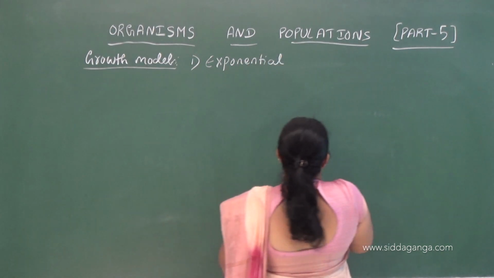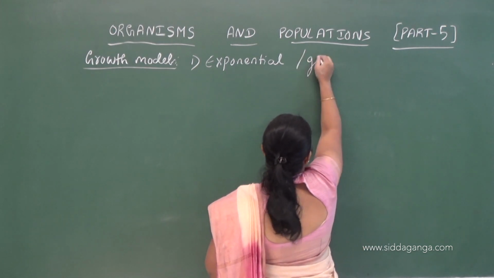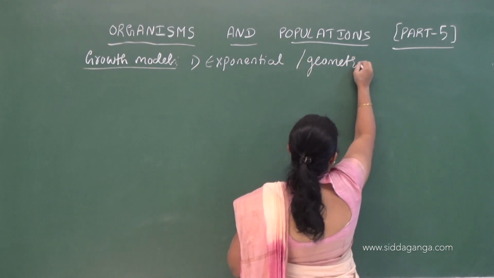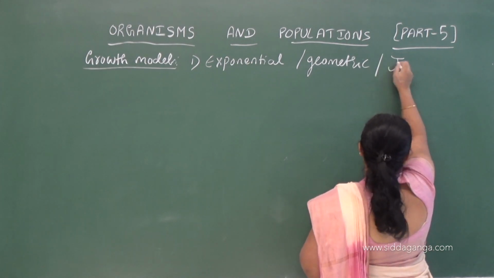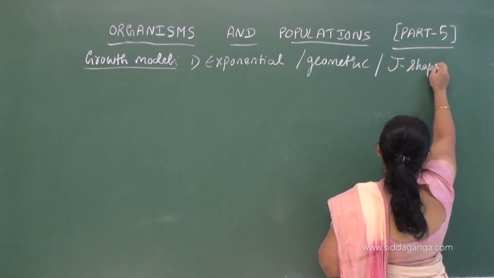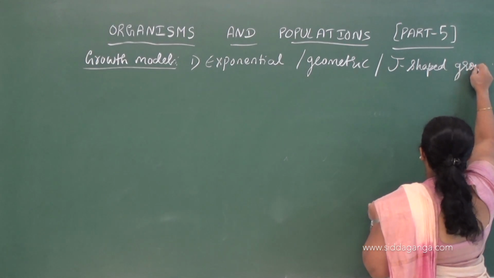Exponential growth is also called the geometric growth model or J-shaped growth curve.